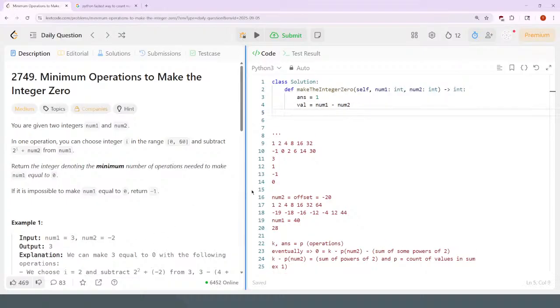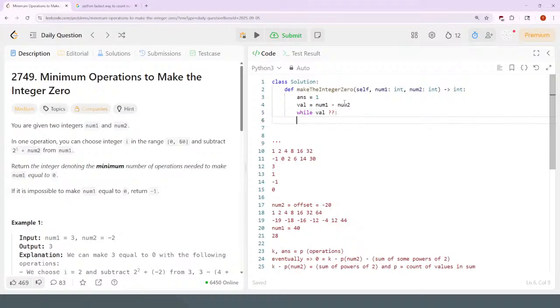Alright, let's try the non-trivial or non-edge case of impossible. So the value is num1 minus num2. So I can say while value is, I'm not sure what the actual condition of the while loop here is.